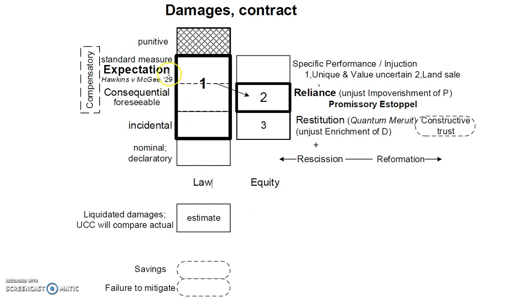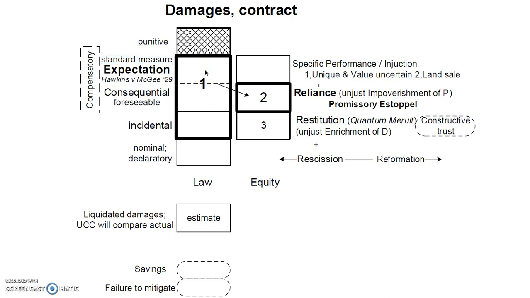So number 1 is expectation damages. These are what value or what profit was expected to be made if there had not been breach of contract. This is the standard measure of recovery, and the first type of damages that are looked at as a remedy.